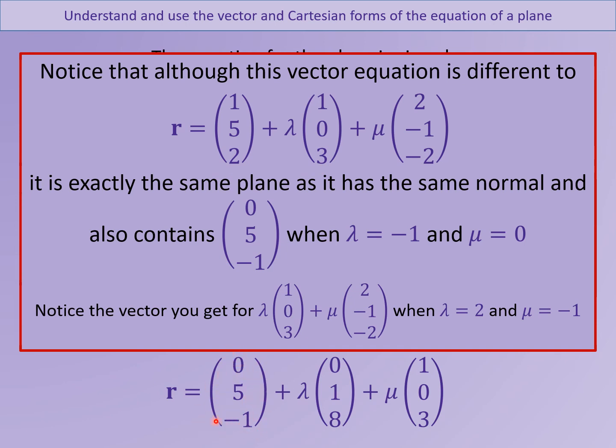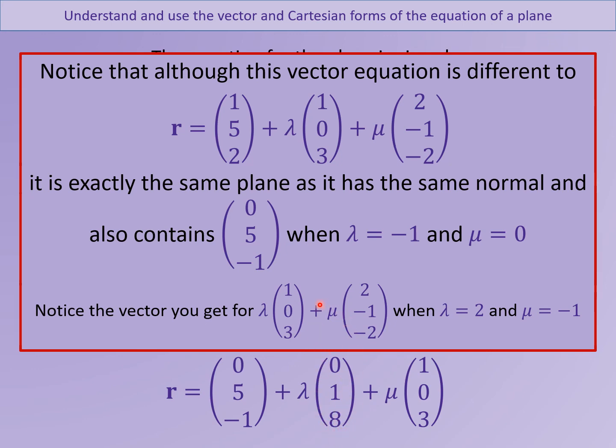And that's what it says there as well. Notice what you get if you did the vector of these two, when lambda equals 2 and mu equals minus 1. In this case, lambda lots of 2 minus 2 is going to be 0. On this one, 0 plus 1 is going to get me plus 1, and 2 lots of that is going to get me 6, minus 1 times that is going to get me 8, and you notice it's the same value as that one just there.